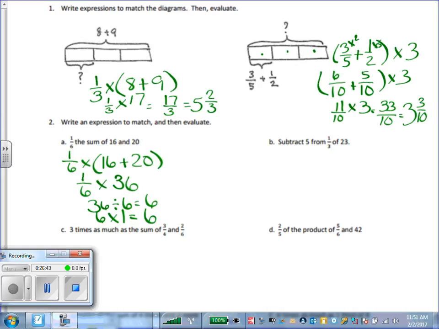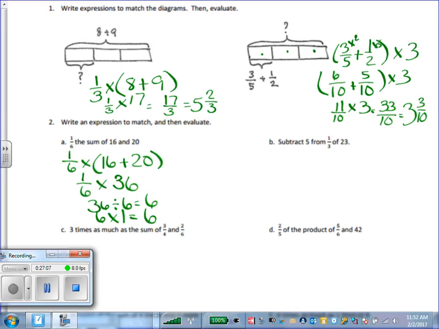5 minus, I want you to pay attention that it says subtract 5 from. It doesn't say 5 minus, it says 5 from. So that tells you the order. Yeah, you're still subtracting, but it's giving you the order.